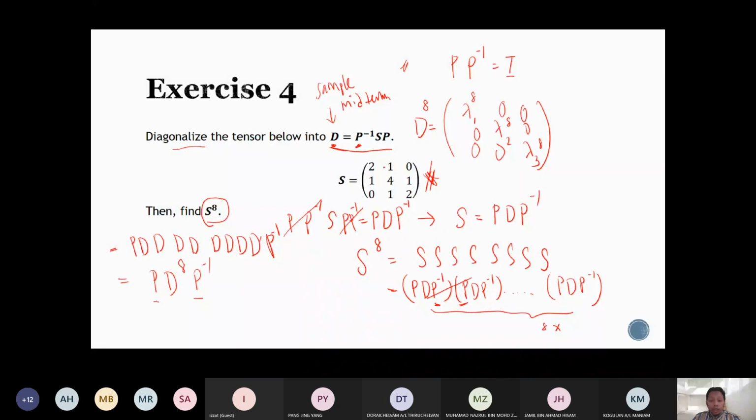So try to do the calculation for eigenvalues, eigenvectors, and also write the diagonal matrix and also the P matrix and P inverse. Okay, so that's it for today's class. Any questions?